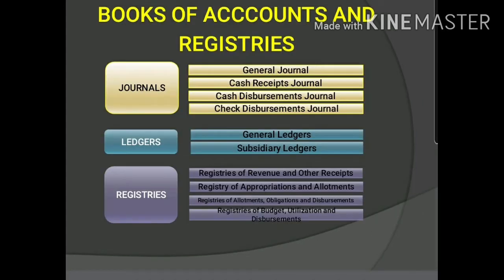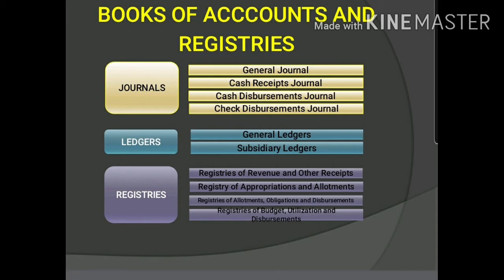The books of accounts and registries of government entities consist of the following. Journals: 1. General journals. 2. Cash receipts journal. 3. Cash disbursements journal. 4. Check disbursements journal. Ledgers: 1. General ledgers. 2.